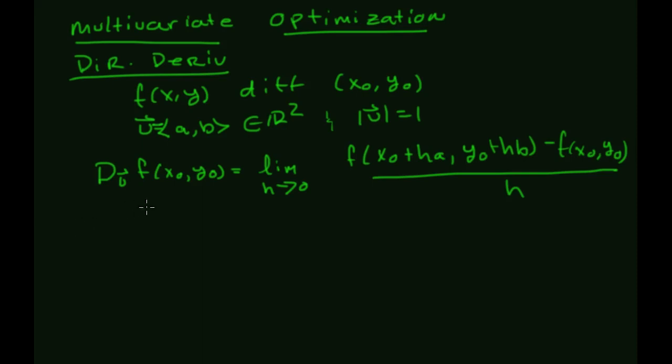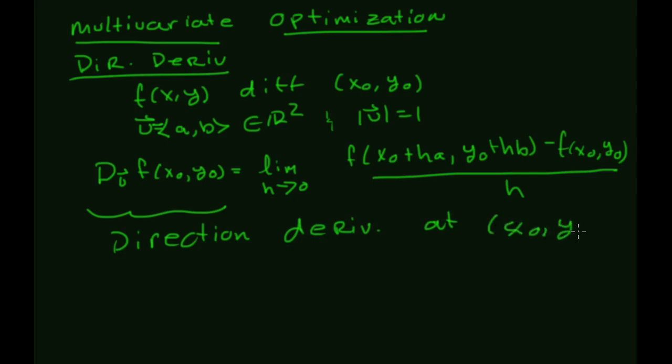So if this is the case, we call this the directional derivative at x null, y null in the direction of the vector u. If you think about what's going on here, we are at this point x null, y null in the floor.